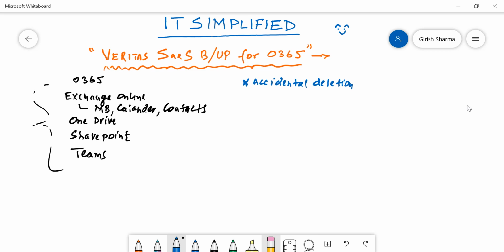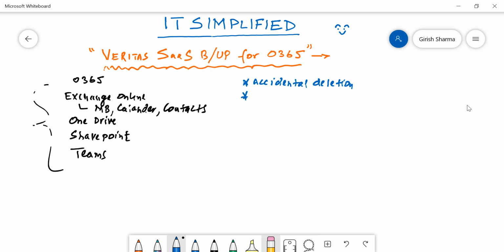When we talk about hundreds and thousands of users, that can quickly add up, and trying to retrieve that information can be a challenge. So it's very important that you have some backup and recovery solution in place in case something like this happens, so you're able to restore and put that in the right place. So accidental deletion is very important, and you need to have the solution in place to protect it.